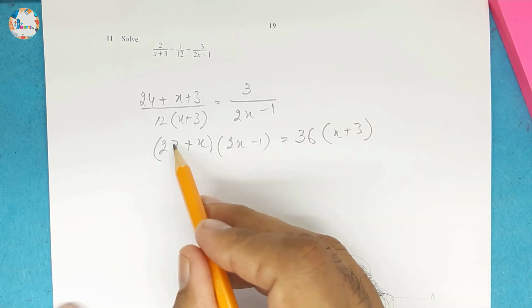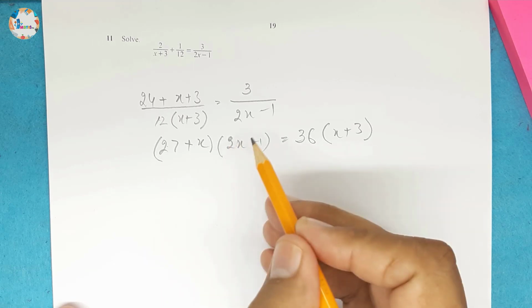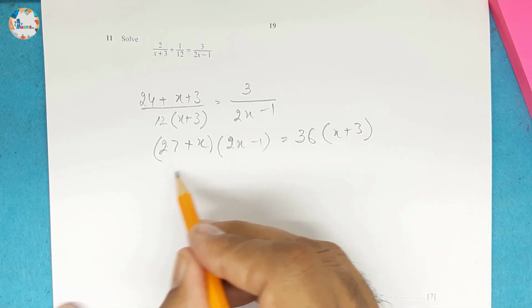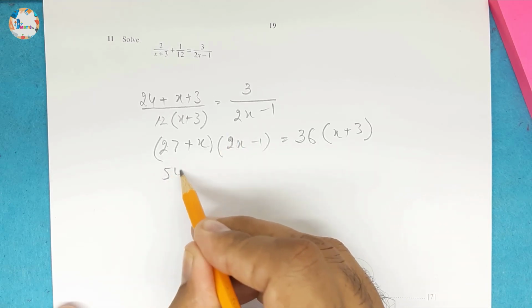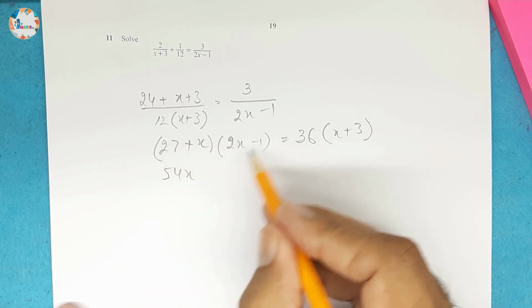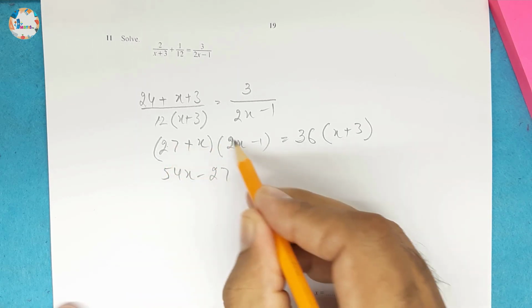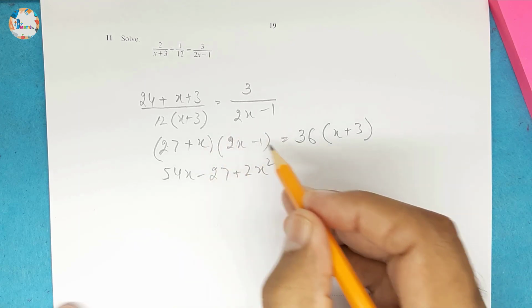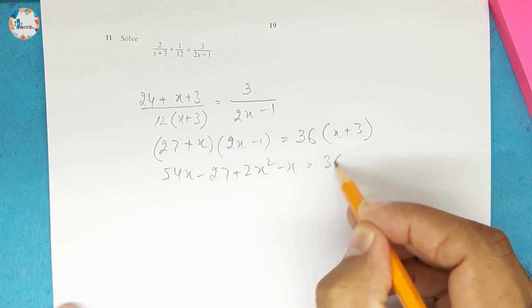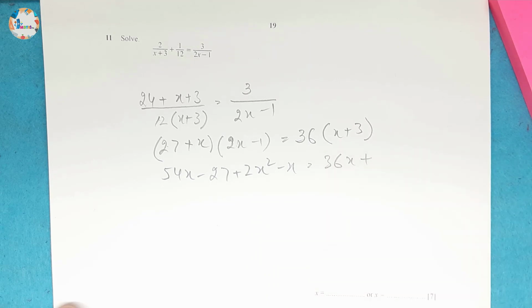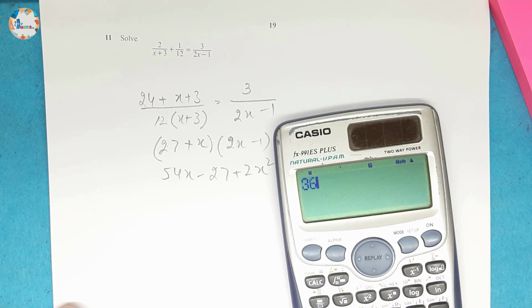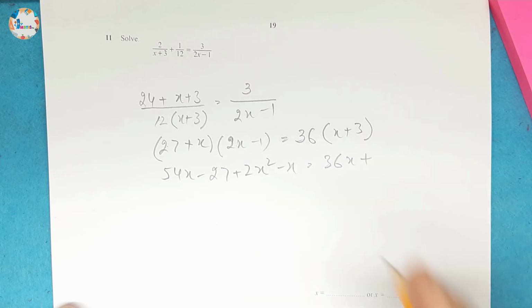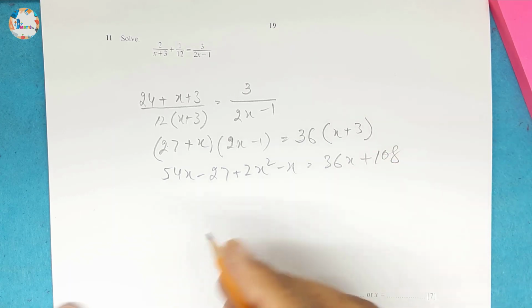Now we can open this one. 27 into 2 will be 54, so 54x, and this into this will be minus 27, this into this will be plus 2x squared, and this into this will be minus x is equal to 36x plus 36 multiplied by 3. 36 multiplied by 3 will be 108, so 108.